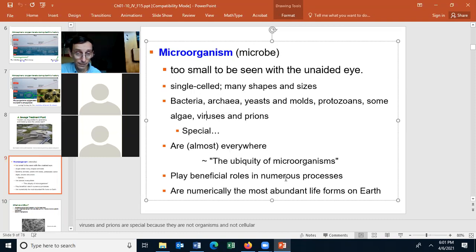We use them in breaking down our waste. And we use them in many other places too, like they help you digest your food, and we'll talk a little bit about that. Microorganisms are numerically the most abundant life form on Earth, and so they are very important to us and to the world.